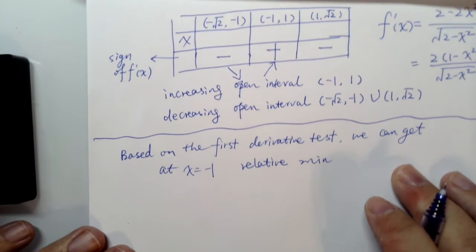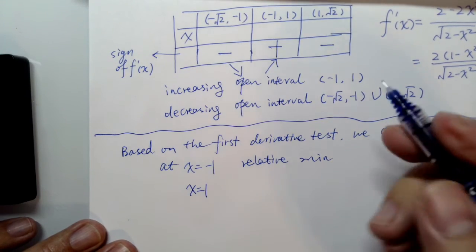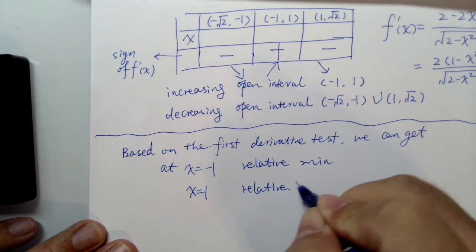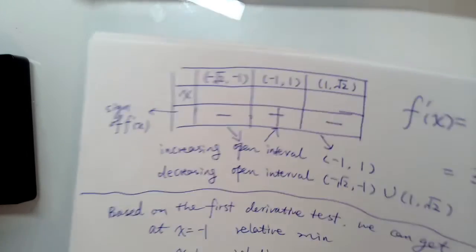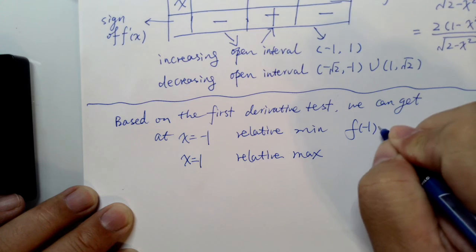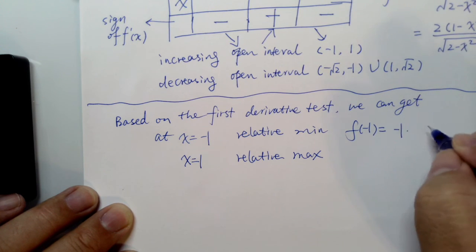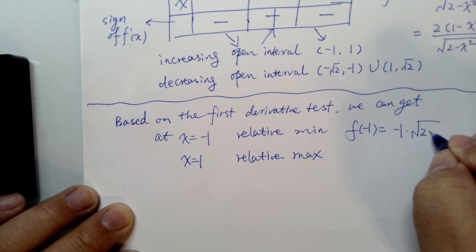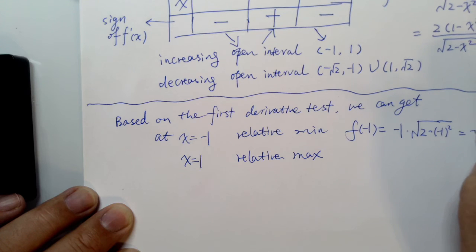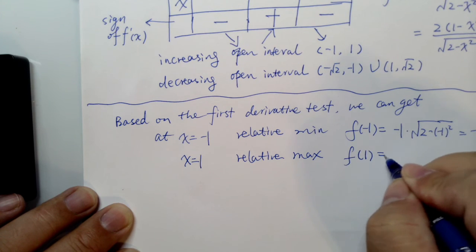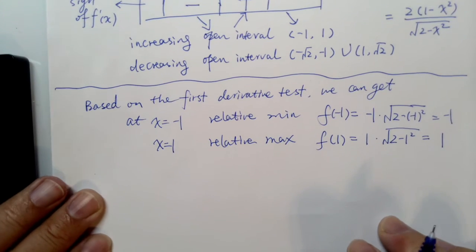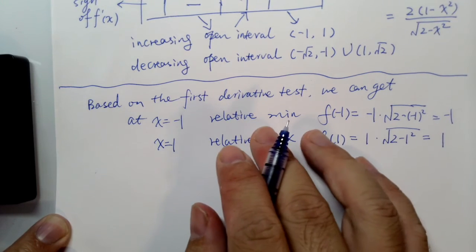While at x equals 1, you can see it's increasing and then decreasing, so a relative max occurs. Of course, what's the corresponding value? f of -1 is -1 times the square root of 2 minus -1 squared. This part is going to give you 1, so it's -1. While f of 1 is 1 times the square root of 2 minus 1 squared, which gives you positive 1. So the relative extreme values are done.